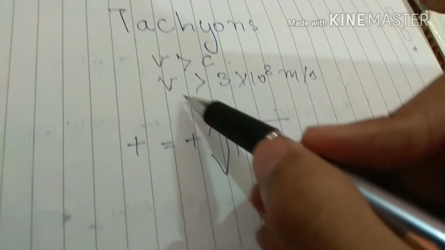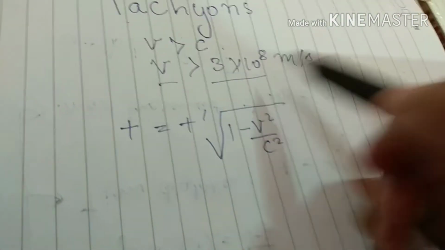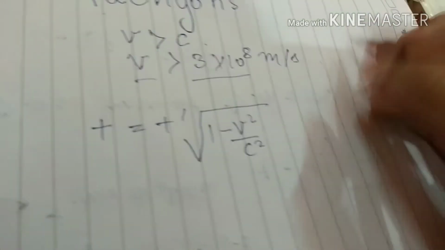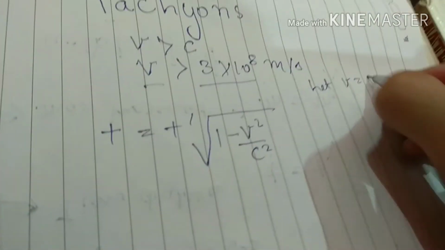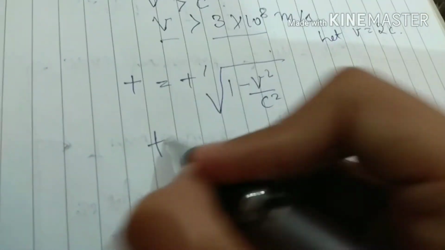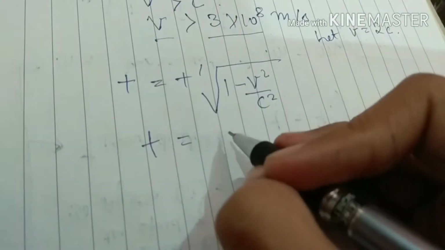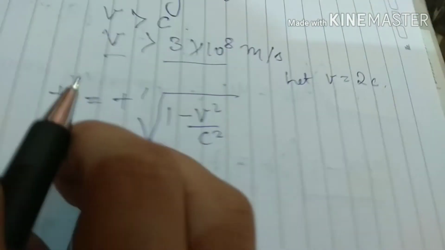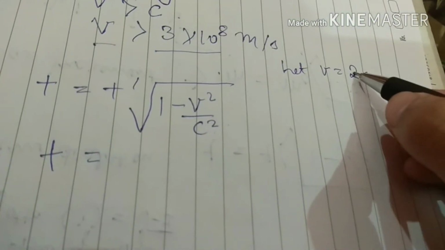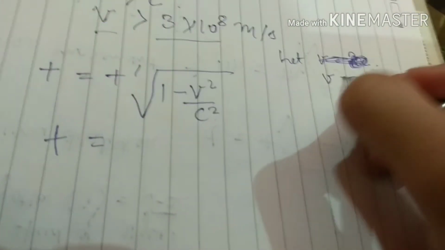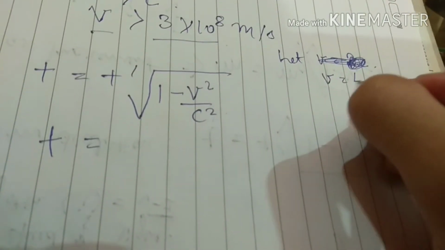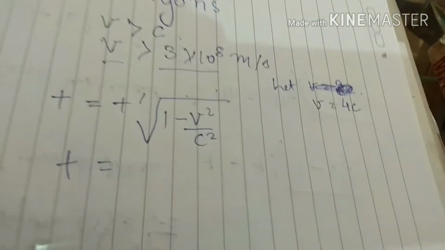As their velocity is greater than 3 into 10 to the power 8 meters per second, let, for example, say their velocity v is equal to 2 times c. So we are left with this thing. Actually, I'm kind of doing some trick here. Let's say v is equal to 4 times c. Okay, it's 4 times c.